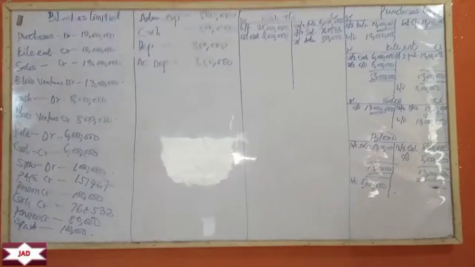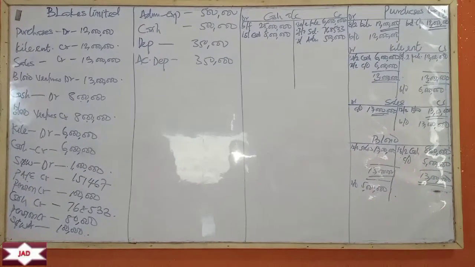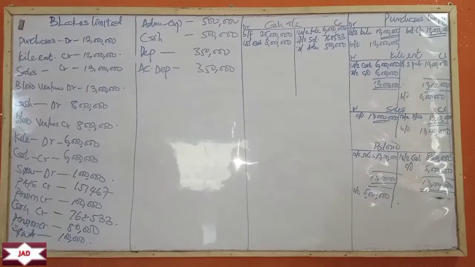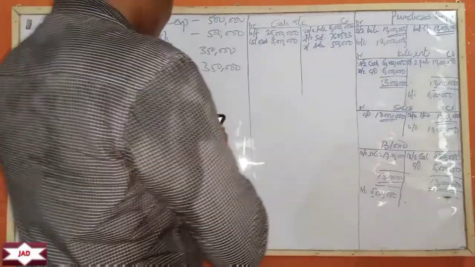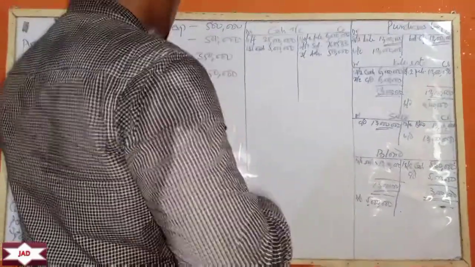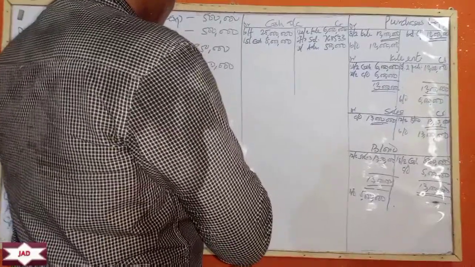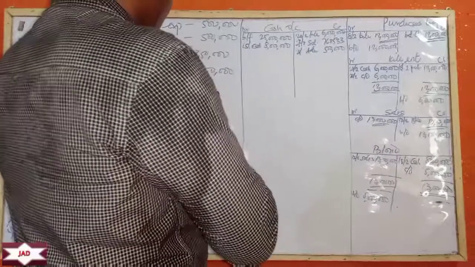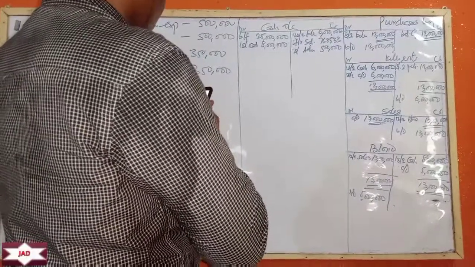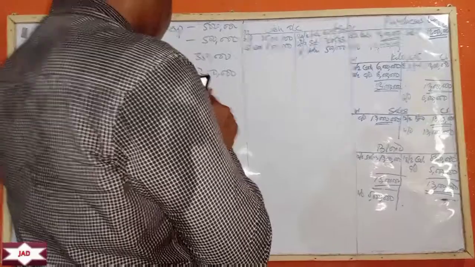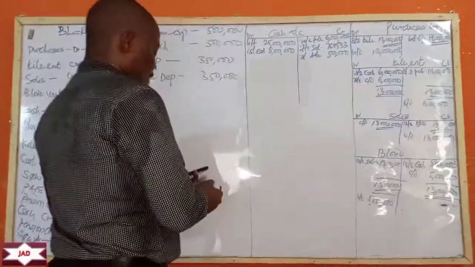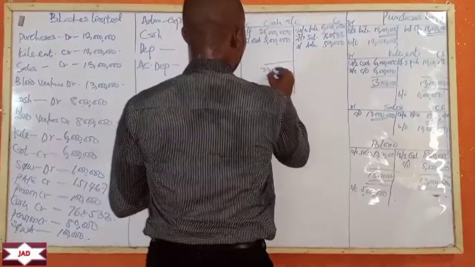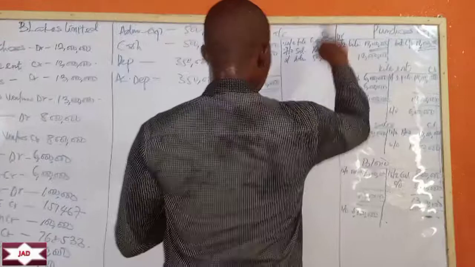So let's balance up our cash. We have 25 million plus 8 million. This is 33 million. Okay, so 33 million minus all this.